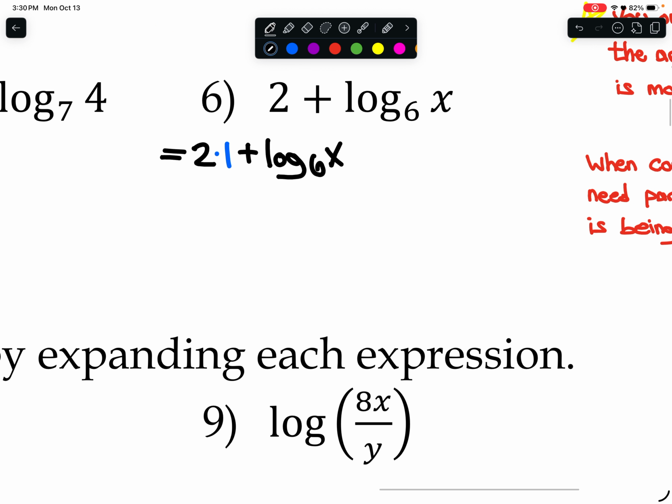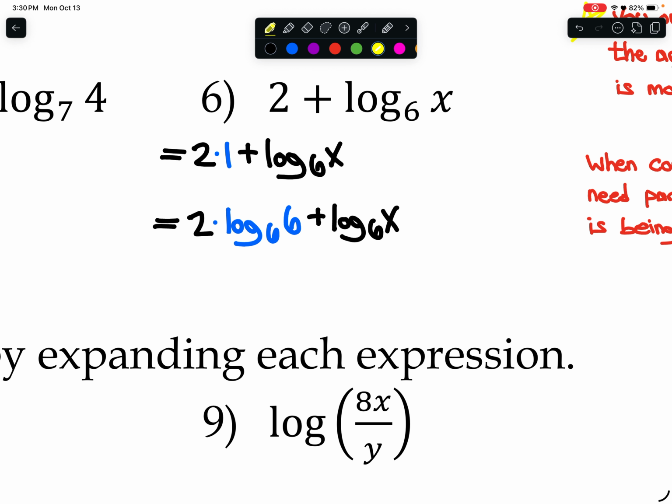Now I need to rewrite the 1 as a logarithm with base 6. So that's going to be 2 times log base 6 of 6, and then plus log base 6 of x.